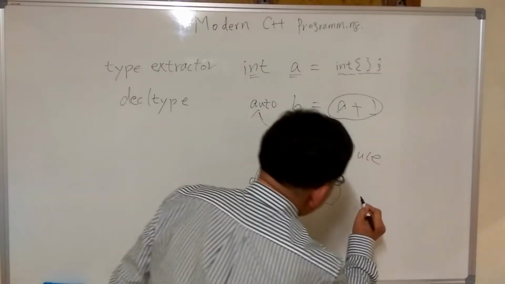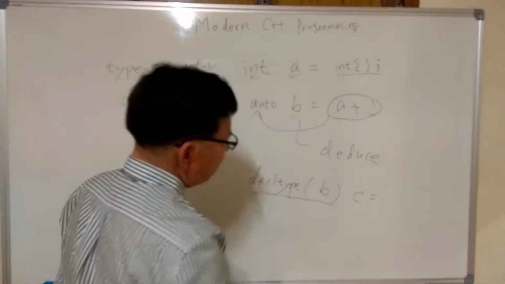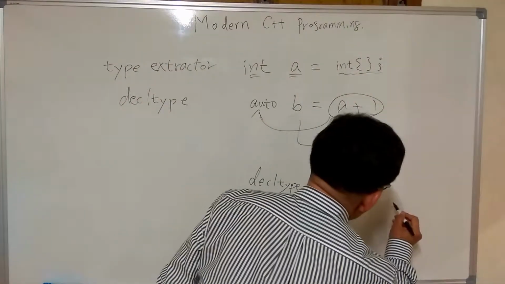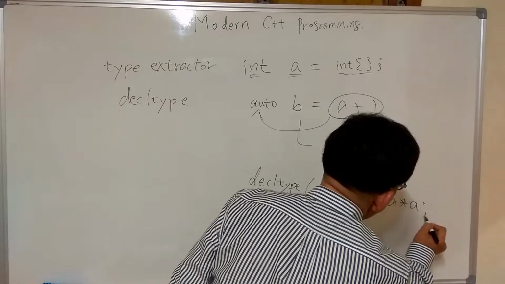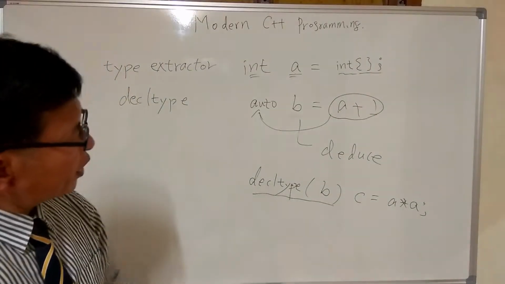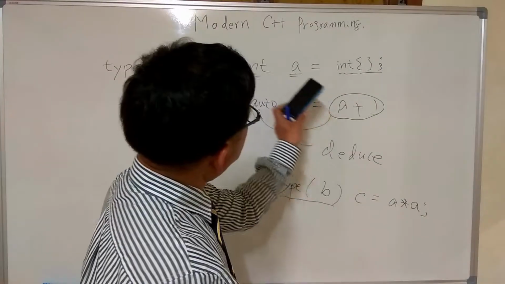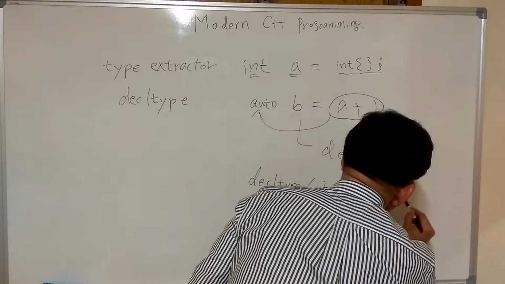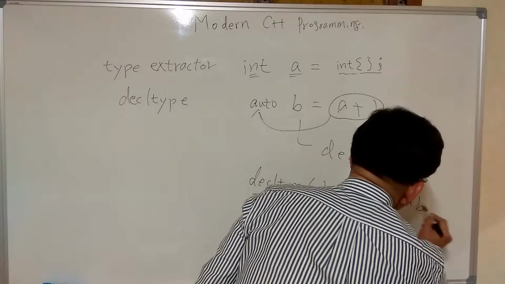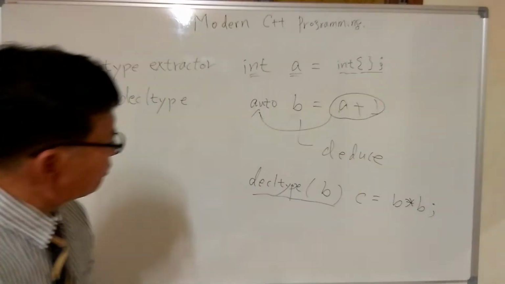And we can introduce a new variable c, for example, a times a. We can introduce it like this. In this case, a is still 0, so we would say b times b, like this.